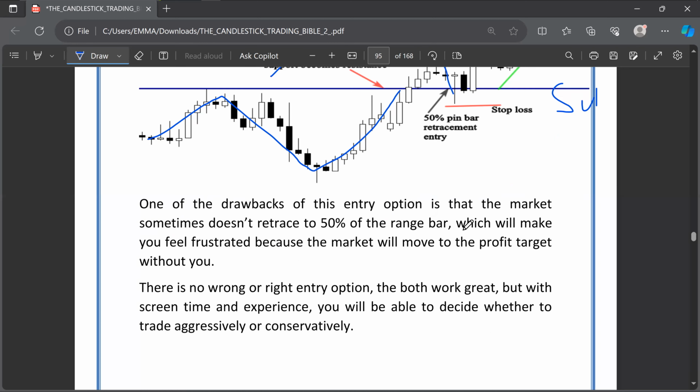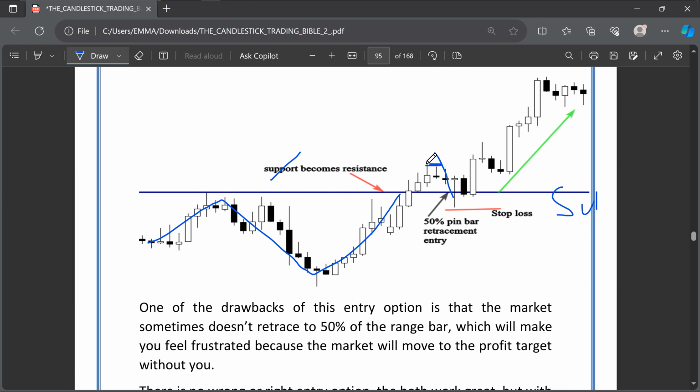One of the drawbacks of this entry option is that the market sometimes doesn't retrace to 50% of the range bar, meaning the pin bar, which will make you feel frustrated because the market will move to the profit target without you, right? So it's not all the time that price will move this way and retrace to the 50% of this before you continue. Sometimes it moves to this point and will not come to this level, it will just continue. And that will be in the advantage of the aggressive trader, right? It will never come here.